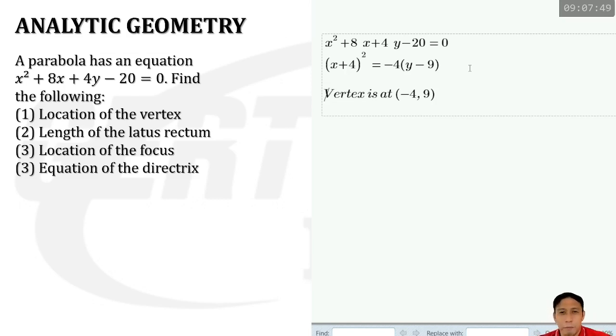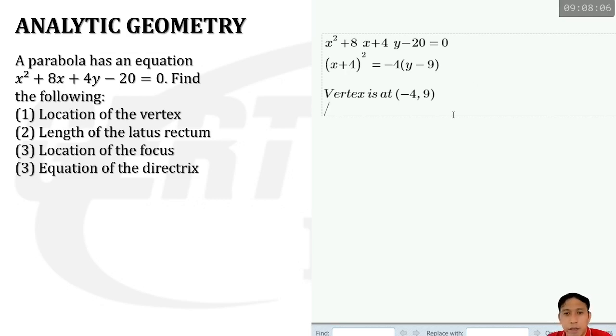Now, actually, guys, there is a shortcut. I could tell right away saan yung vertex ng parabola, without even completing the square.